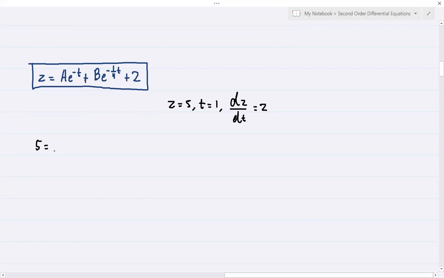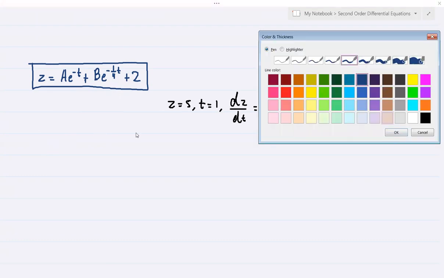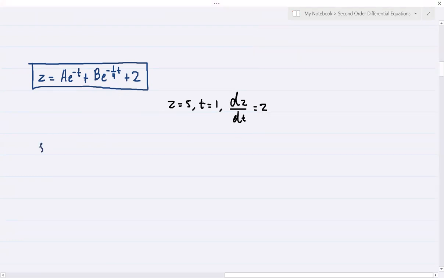So we will have 5 is equal to ae raised to negative t. Substitute your t in here, so we will have negative 1. So we have 5 is equal to ae raised to negative 1 plus be raised to negative 1/4 times t.